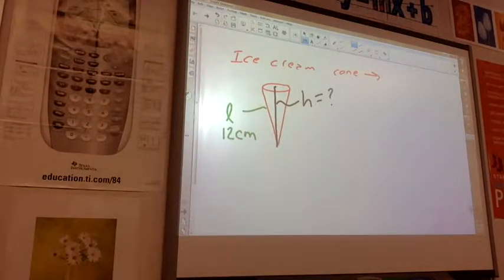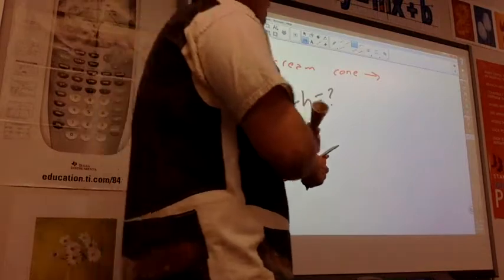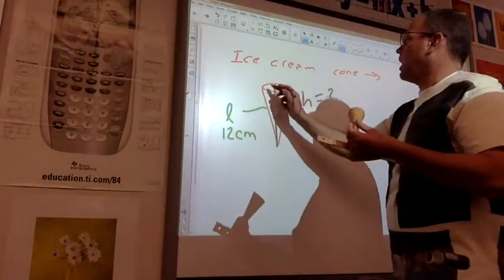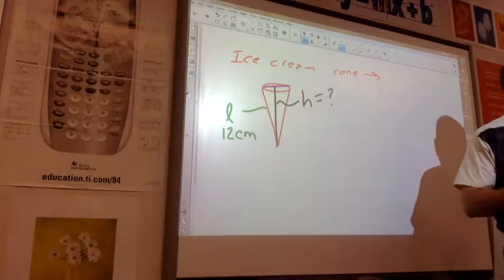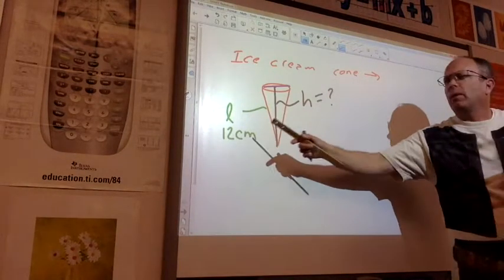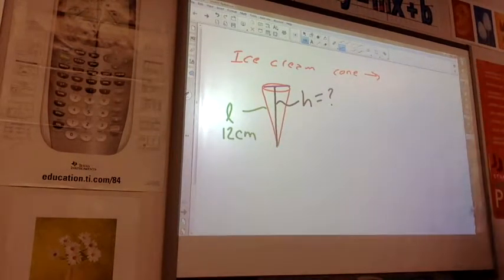Now the radius might be hard to find because I don't know where the exact middle of this ice cream cone would be. But I could probably figure out the diameter. What do you think? And being I measured my slant height in centimeters, I think maybe I should measure my diameter the best I can in centimeters.